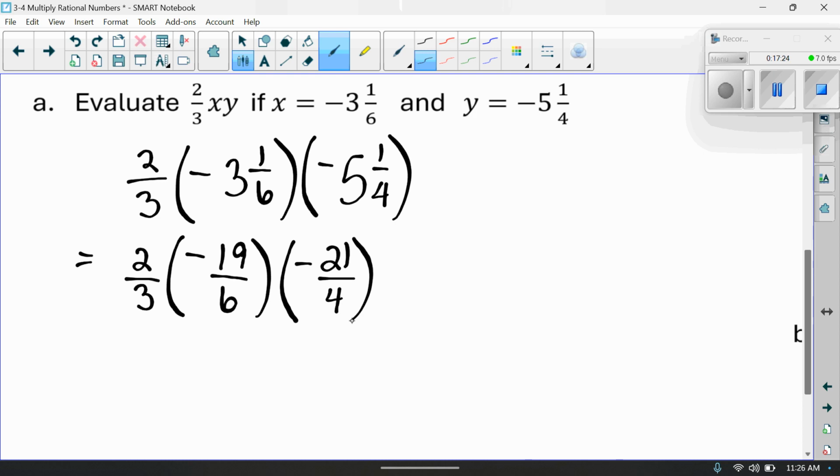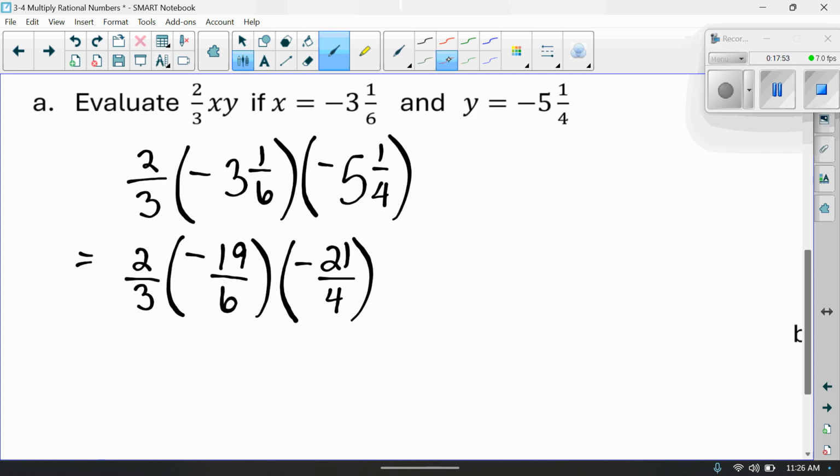Now, we need to simplify before we multiply, right? If you need a reminder, just write simplify before you multiply on paper. Okay? So if you look at these, we have to choose one on top and one on bottom, numerator and denominator. What can I simplify? Okay, let's do the 6 and the 2. Divide by 2.